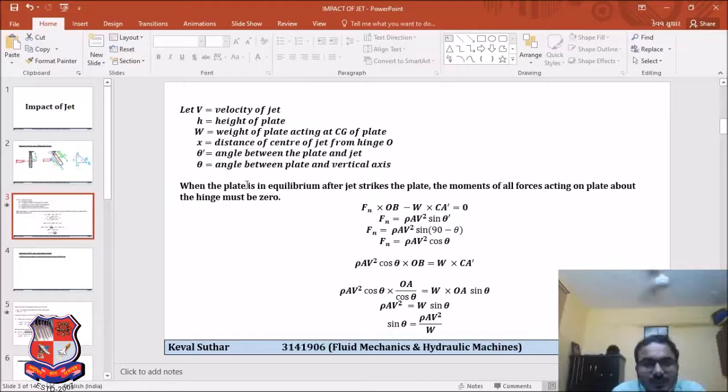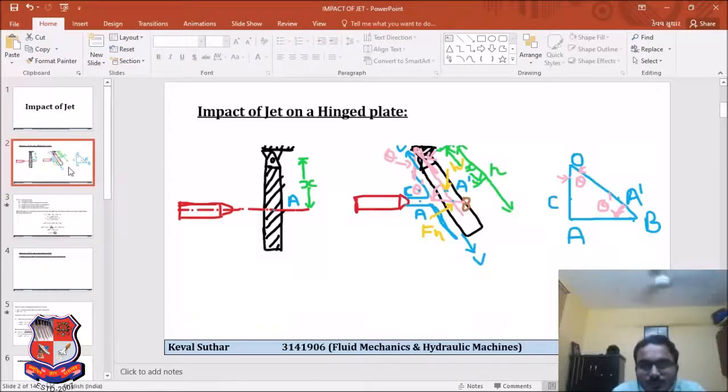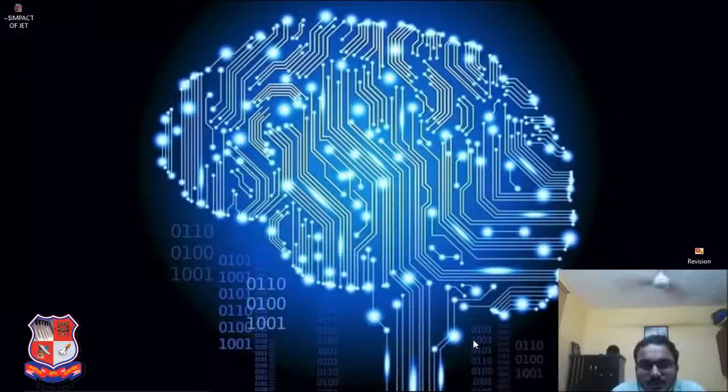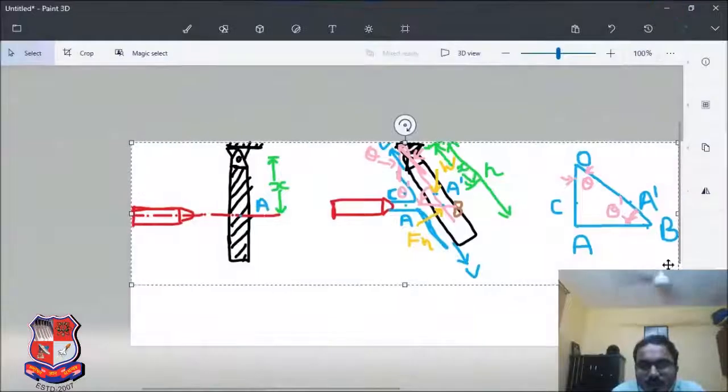Now when the plate is in equilibrium, after the jet strikes the plate, the moment of all forces acting on the plate about the hinge must be 0. So Fn multiplied by OB, if you see, Fn is the force which is acting at B point.